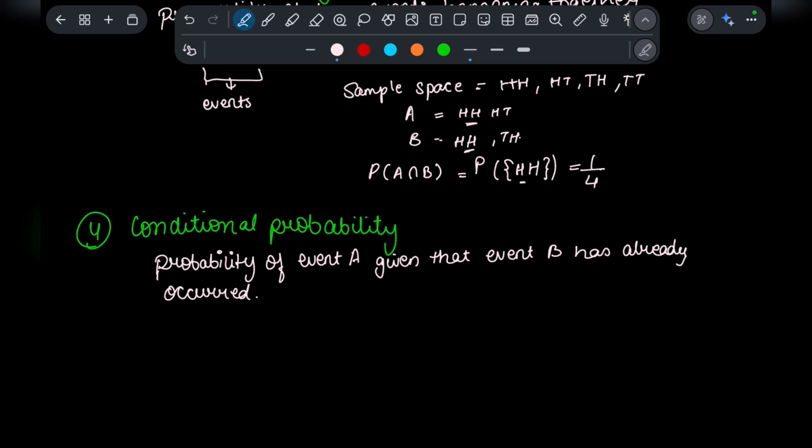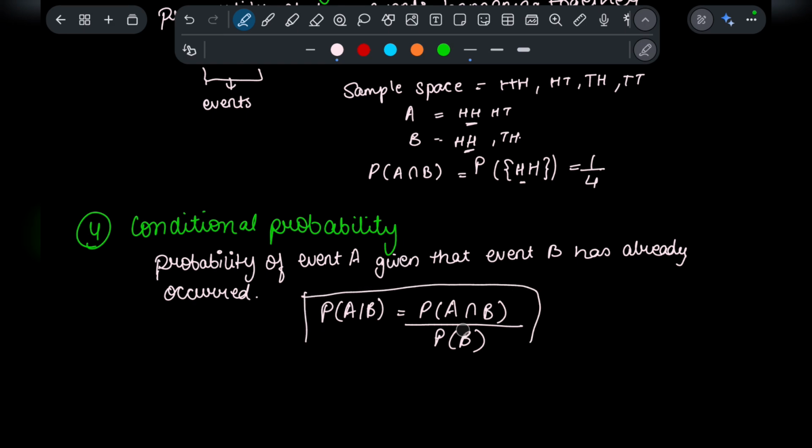By the formula, P(A given B) is equal to P(A and B) divided by the probability of B. This is also very important for model training, and you will be learning this in detail in further classes.